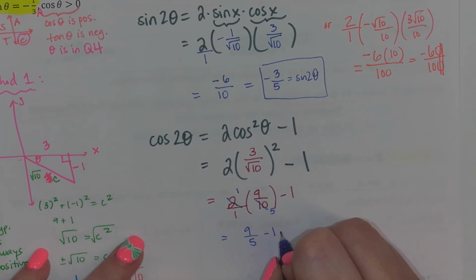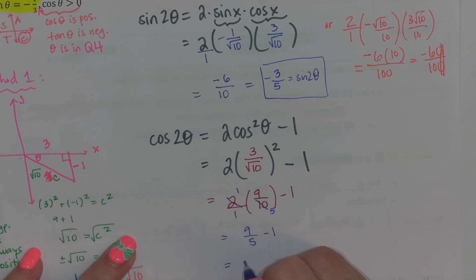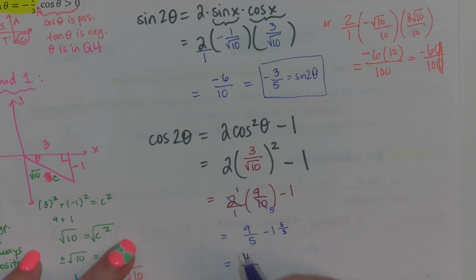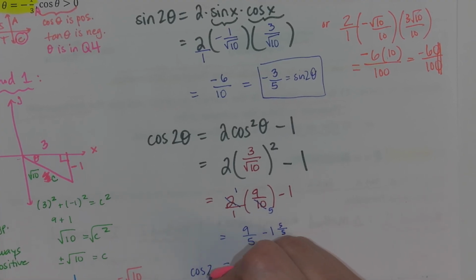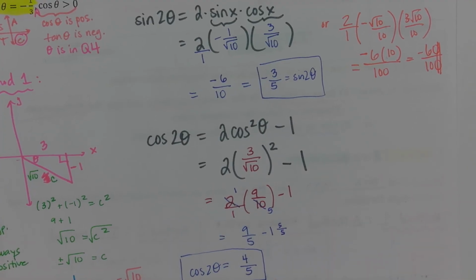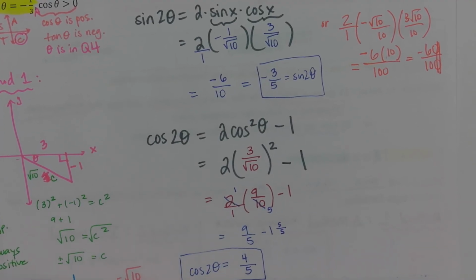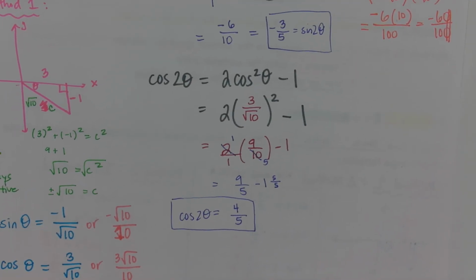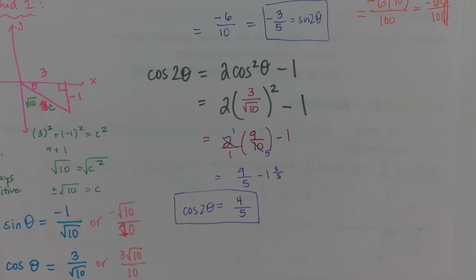Okay, 1 is like 5/5. So you will get 4/5. 9 minus 5 is 4. Okay, you could also leave it as 18 over 10. You get 8/10 reduces to 4/5. That is fine. However you want to reduce that, that is fine.